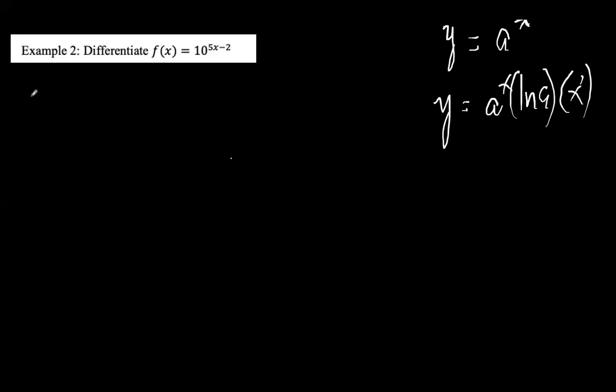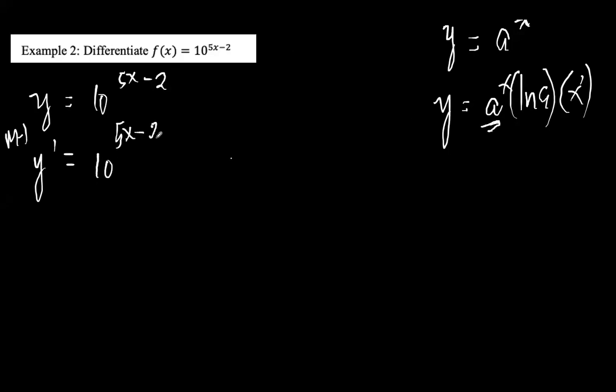Okay, here we go. So let's solve. Let's copy y is equal to 10 raised to 5x minus 2. So y prime, this is our method 1, is equal to, here, we just need to copy 10 raised to 5x minus 2 times the natural logarithm of 10, times the derivative of 5x minus 2.